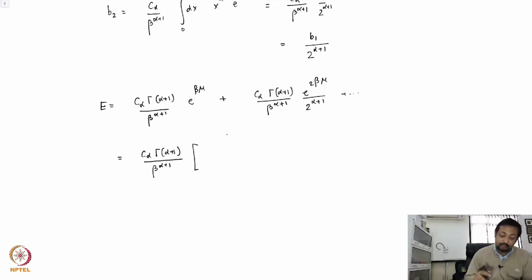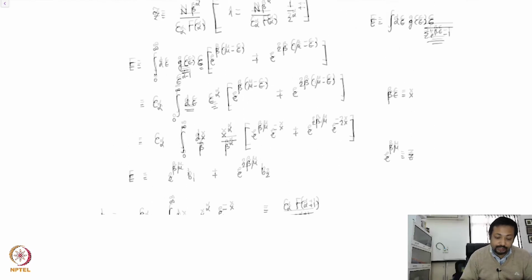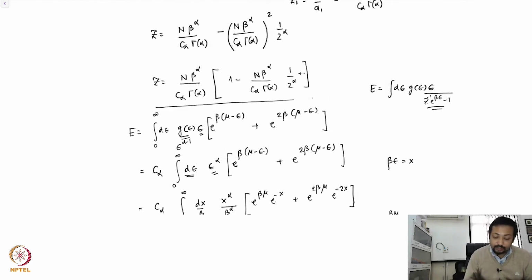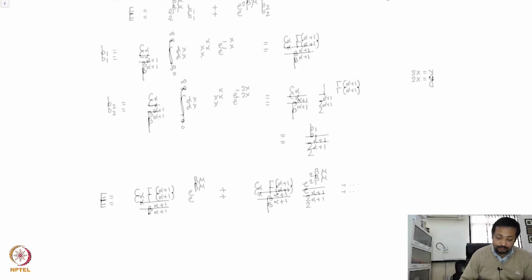I can take z common, e^{βμ} is z, so that z times (1 + z over 2^{α+1}). And here again I will substitute z as this quantity, the relation that I bring down over here.